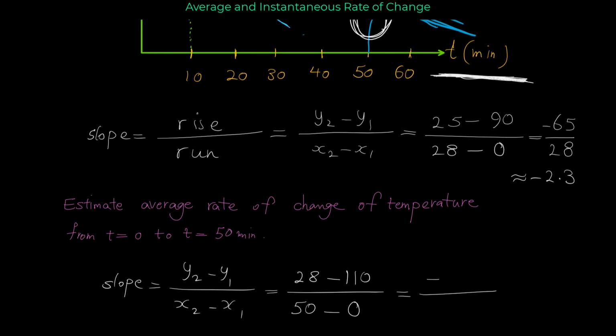This equals negative 82 over 50. If you divide negative 82 by 50, this equals negative 1.64. And this shows the average rate of change of the temperature from 0 to 50 minutes.